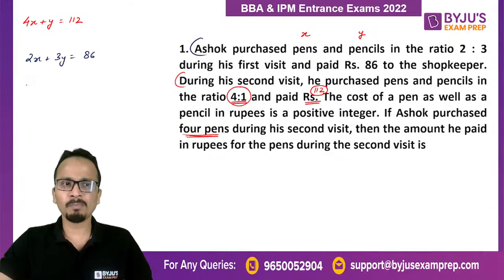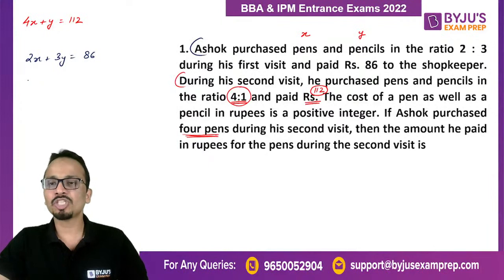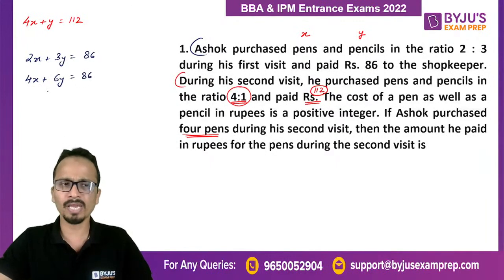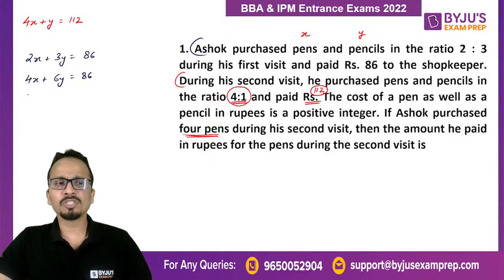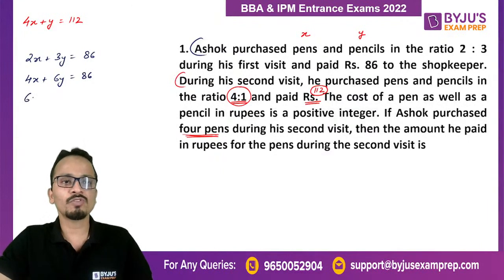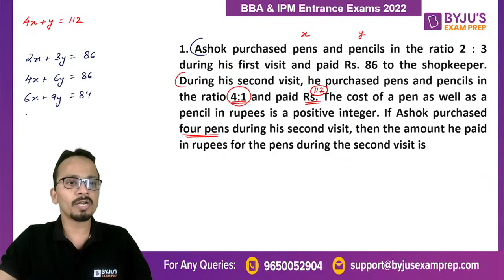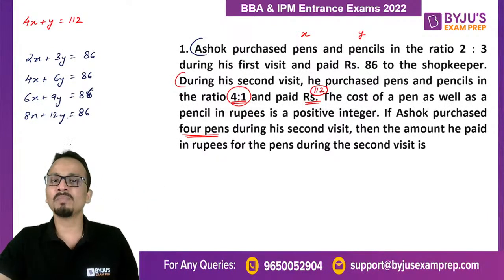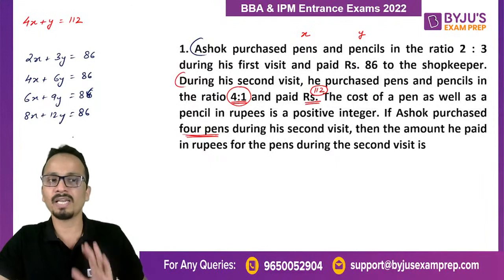Another possibility can be he may purchase 4 pens and 6 pencils. So the equation becomes 4x plus 6y is equal to 86. Then if he purchases 6 pens, it will be 6x plus 9y equal to 86, or it will be 8x plus 12y equals 86. All right. So these can be the different possibilities for one of the other equations.